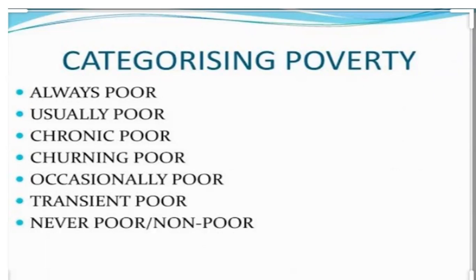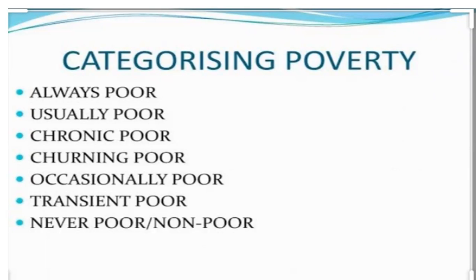Then there are the churning poor, those who are not poor, but because of some conditions they become poor. Then the occasionally poor, who sometimes get a good amount. For example, agricultural wages are earned during the season, and after that, when the summer season comes, they do not get any work in rural areas, so they are occasionally poor.